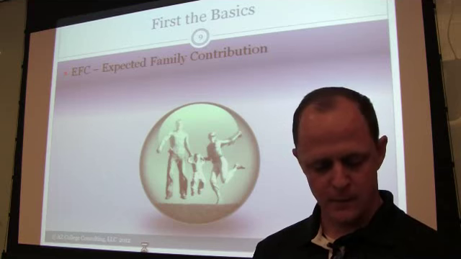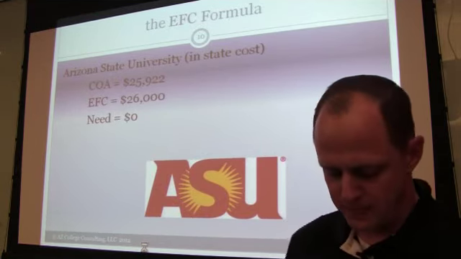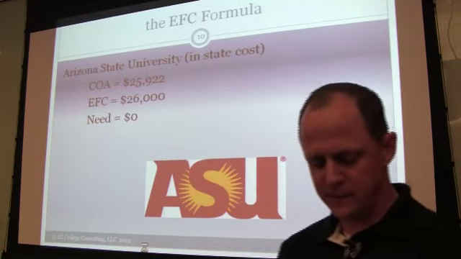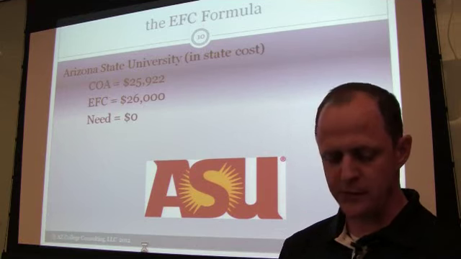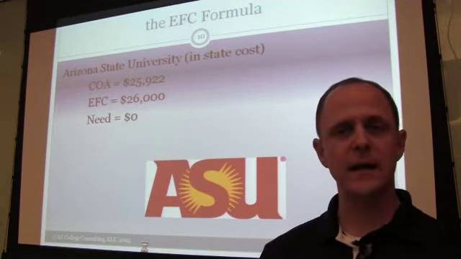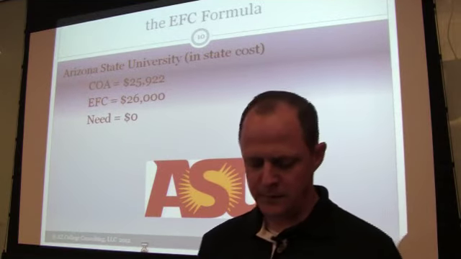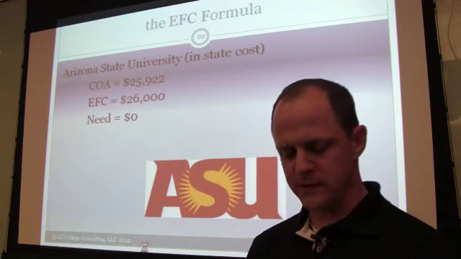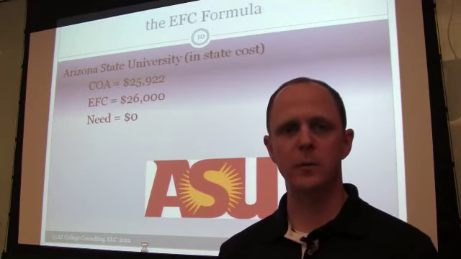All right. So here's an example. The cost of attendance at ASU is $25,922. This is for the 2012-13 school year. And this includes living on campus, the dorms, meal plan, tuition, everything. Student ID cards, insurance, books, etc. When we talk about the cost of attendance, we're incorporating everything.